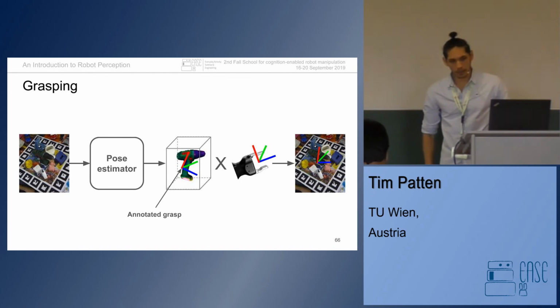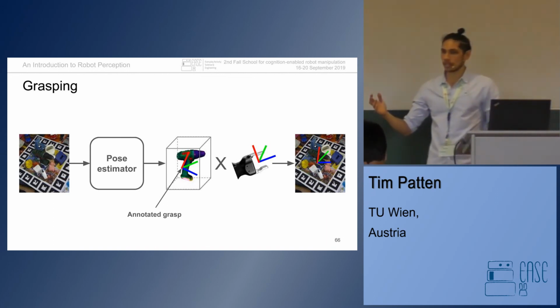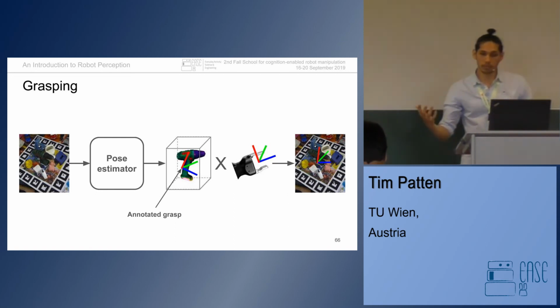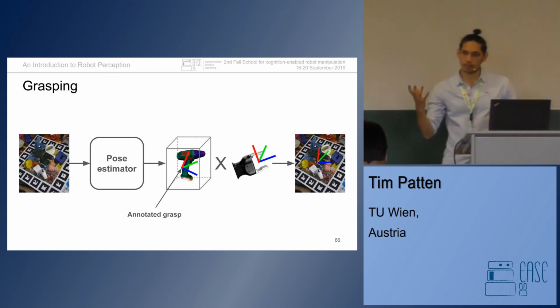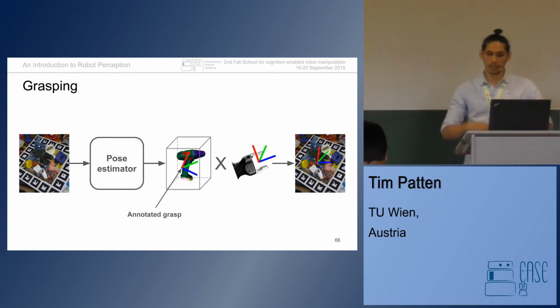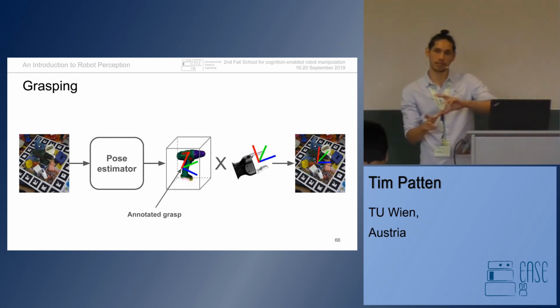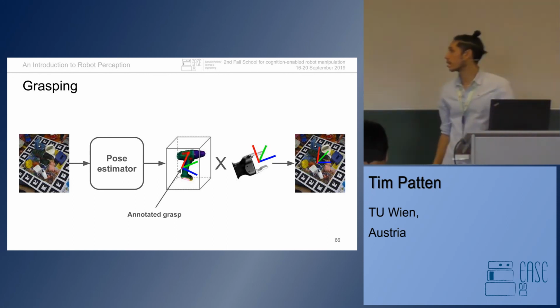A very simple pipeline is to take an image and estimate the pose of the object. If we have a 3D model annotated with how to grasp it, we can simply chain our transformations from the manipulator frame of reference to the object frame of reference to the estimated pose, to get the grasp pose in the test scene.